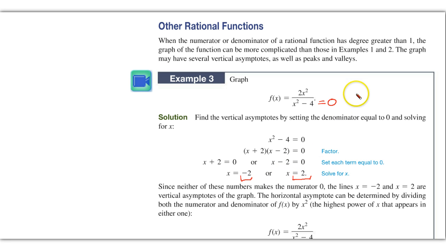Now when we go to find our horizontal asymptote, again we look here and we see we have x to the second, x to the second.